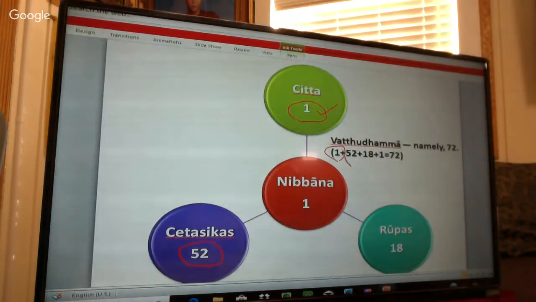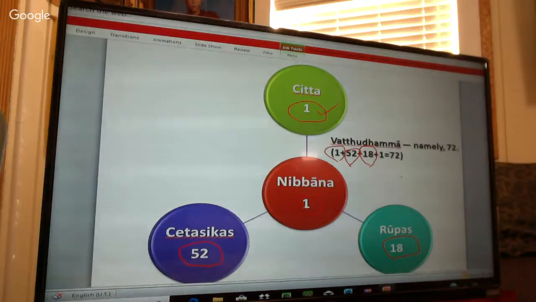So 52 plus. And Rūpa is altogether 28, but only 18 are real Rūpa, real material. So they have their own characteristic, so we count 18 material. And then the last one is Nibbāna.